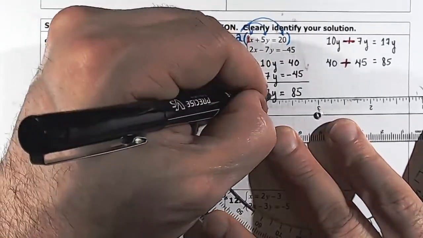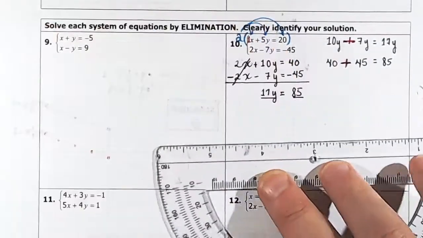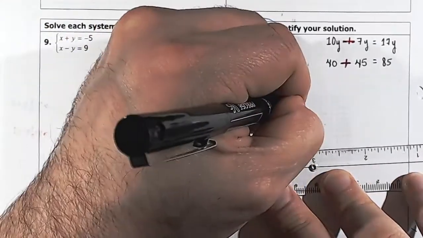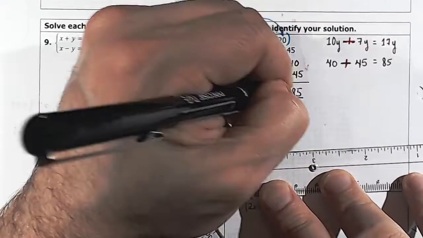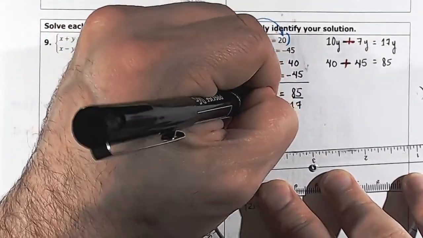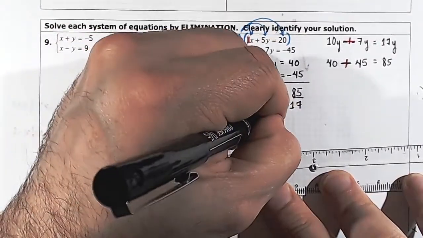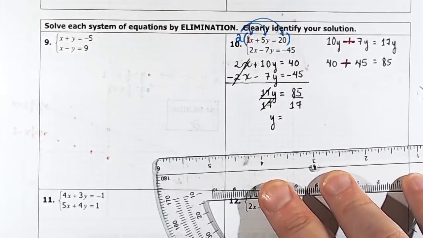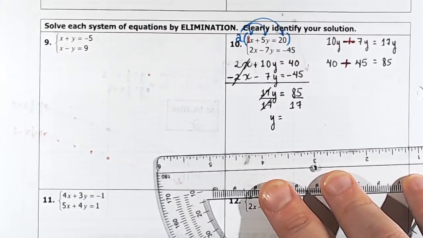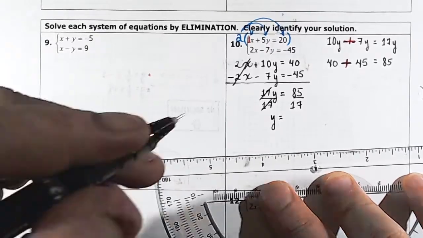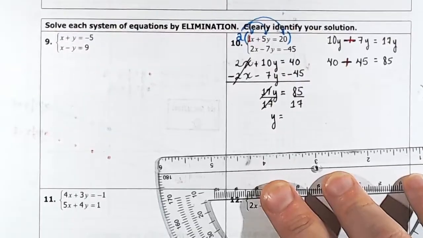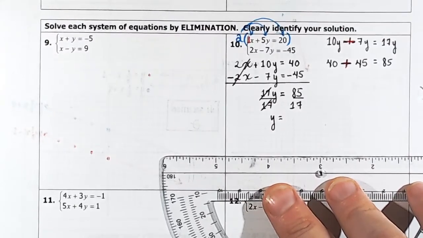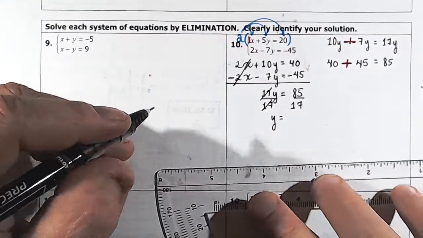Now if we divide both sides by the coefficient of y, which is 17, cancel out the 17s. We have y equals 85 divided by 17, which I think is 5, but I could be wrong. How would we come about the answer? This is what I want to show you.